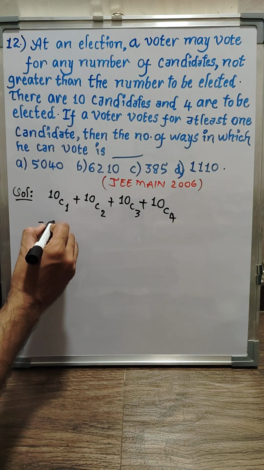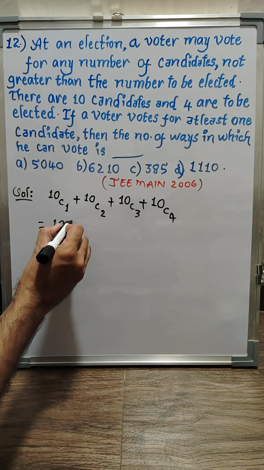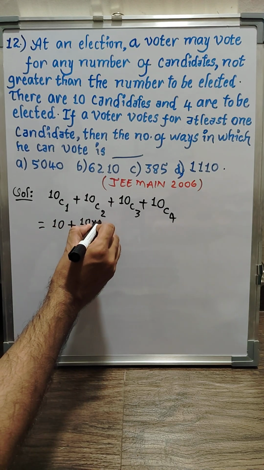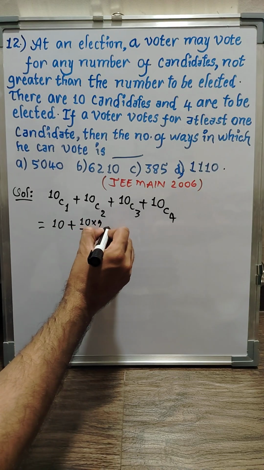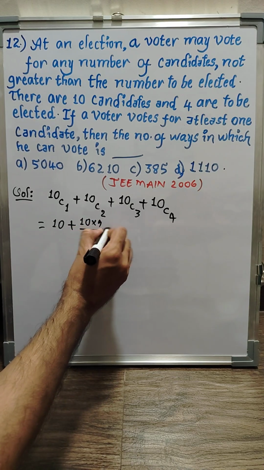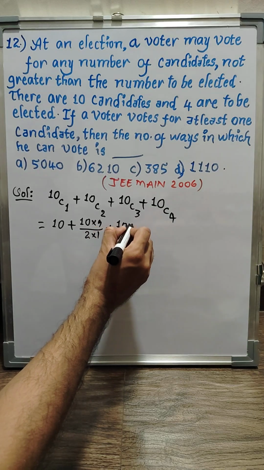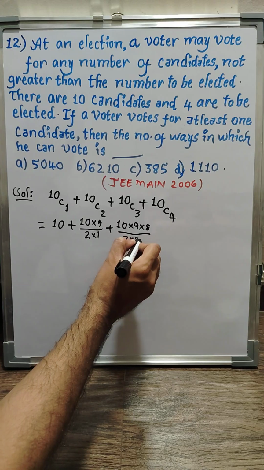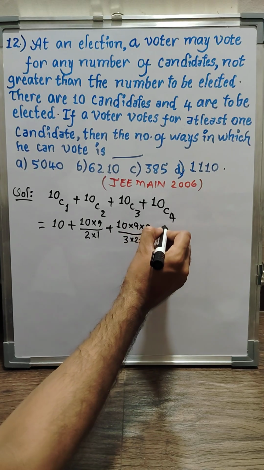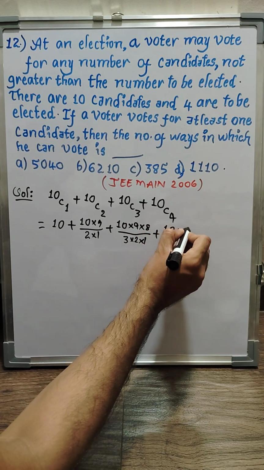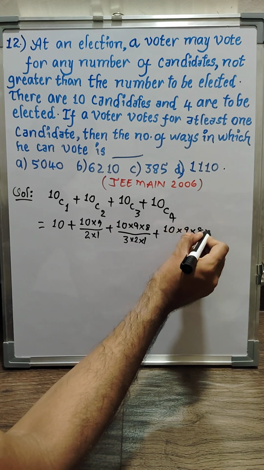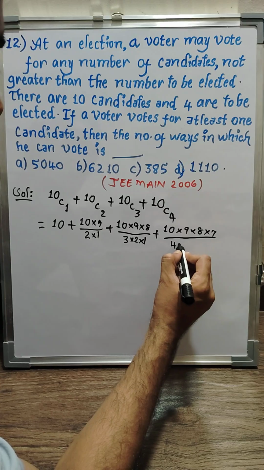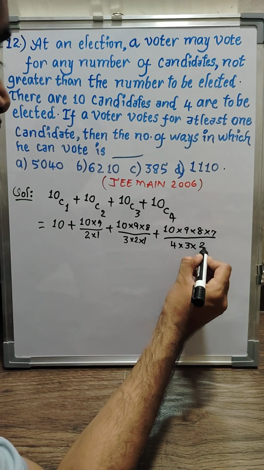So 10C1 becomes 10, NC1 is N. 10C2 becomes 10 into 9 by 2 into 1, plus 10 into 9 into 8 by 3 into 2 into 1, plus 10 into 9 into 8 into 7 by 4 into 3 into 2 into 1.